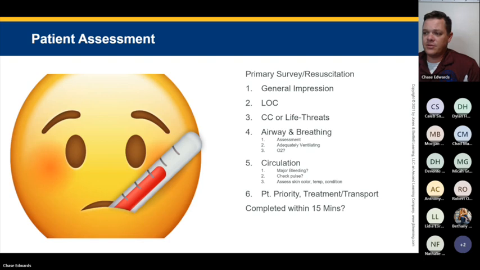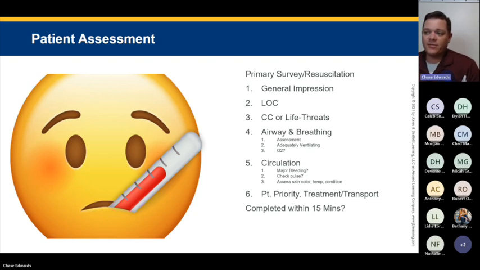You can continue on to your ABCs. Next, I'm going to assess the airway. Is the airway patent? Airway is patent. And then next, I'll assess the breathing. His breath sounds reveal rapid breathing. His breathing is rapid and deep.